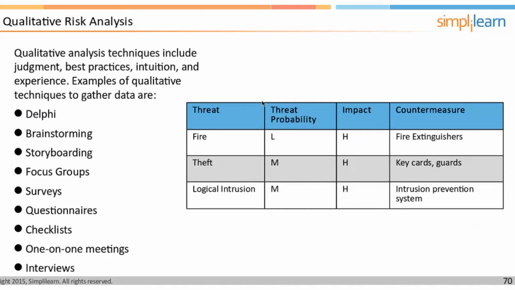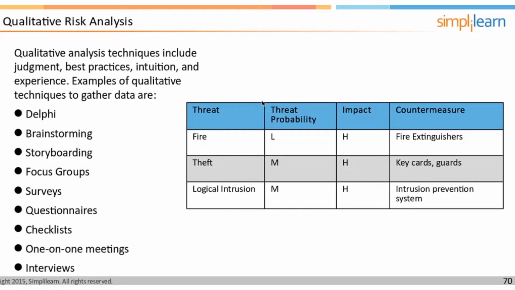The chances of the fire happening are low, but if the fire happens, then you could lose a lot of business. For theft, the probability is medium, which means it could happen more often than the fire, and the impact is again high. So this is how you calculate.